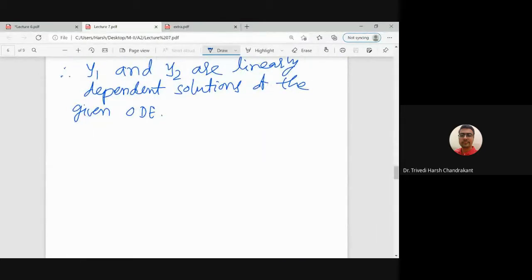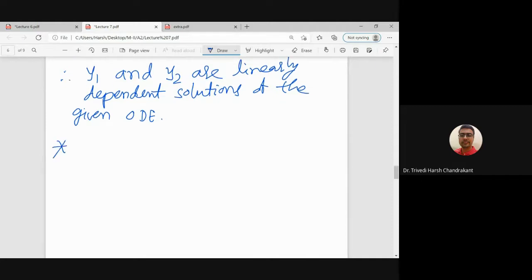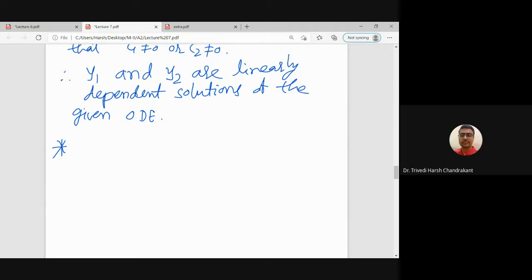Yeah, so in general, finding such a solution is not easy because we are working with a second order differential equation. Even in the first order, we have seen that every time we may not get the solution. So sometimes we discuss only existence and uniqueness without finding the solution.